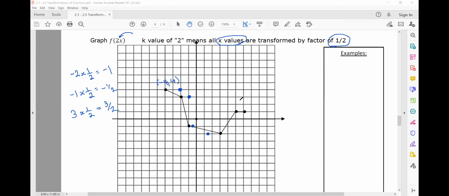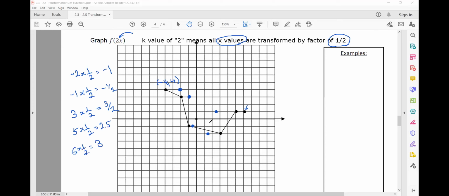Okay? In the same way, if you look at the x value of this point, 1, 2, 3, 4, 5, the x value of that point is a 5. And so take the 5, we're multiplying it by 1/2. That's 2.5. It's right here. And lastly, the x value of this point is a 6.